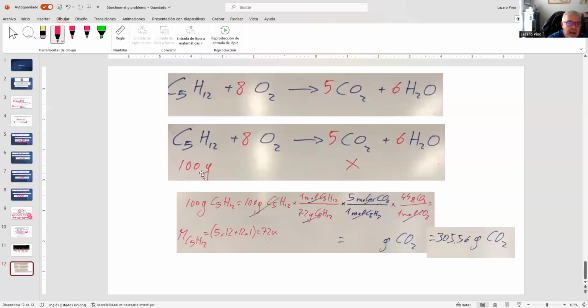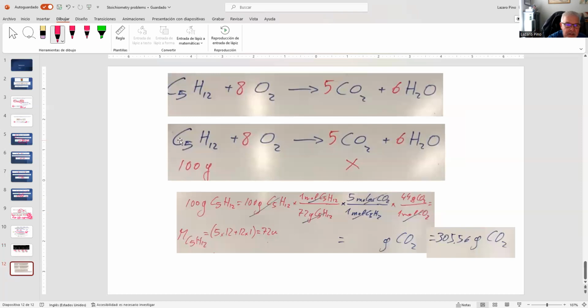Well, in this case, you take 100, that is a given number, and divide by the molar mass of this compound in order to convert this into moles. And later you use the ratio between pentane and the carbon dioxide that is produced.